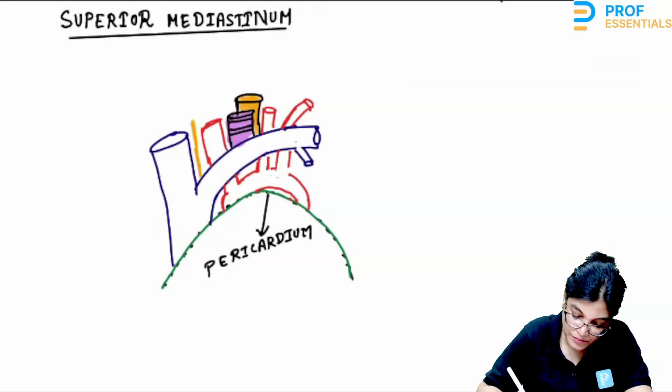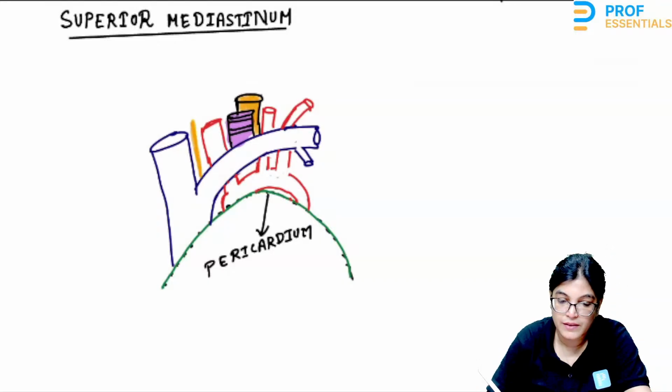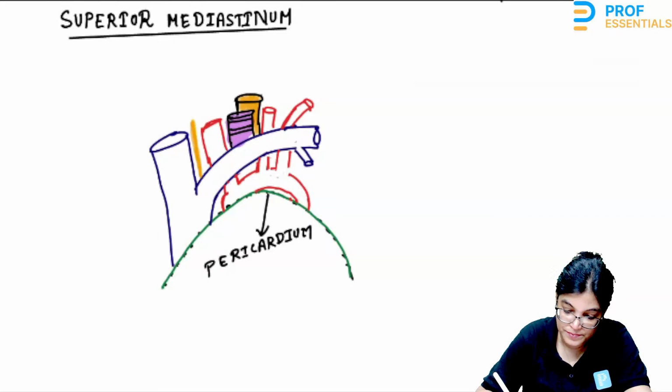So this is the right vagus nerve, and here we can draw the left vagus nerve. This will be going down and looping. I would like to show the looping with a dotted line and then coming upwards like this.